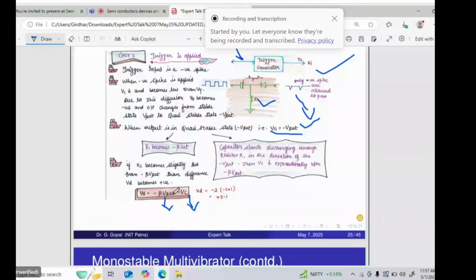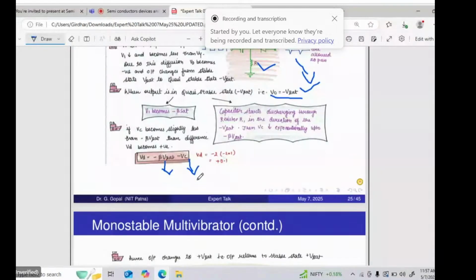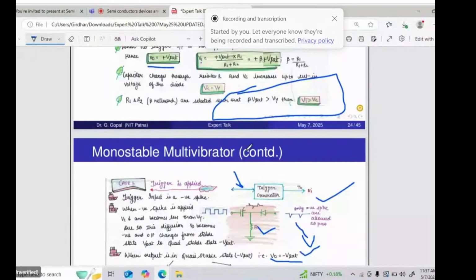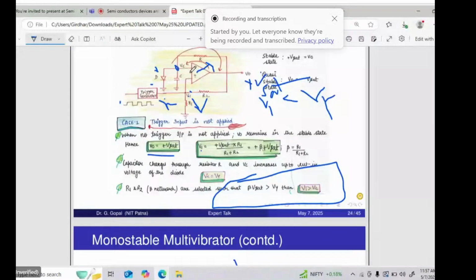So here the capacitor starts discharging. When the output is minus V set, this capacitor will discharge, starting to discharge in the direction of minus V set. What is the nature of the capacitor?